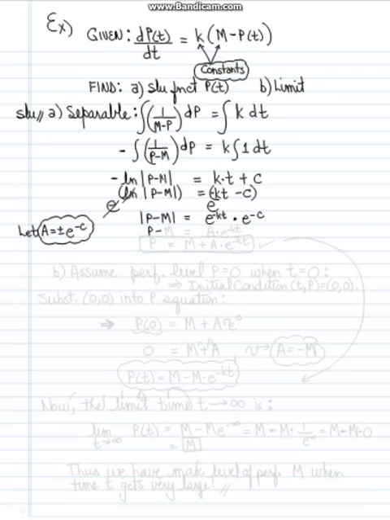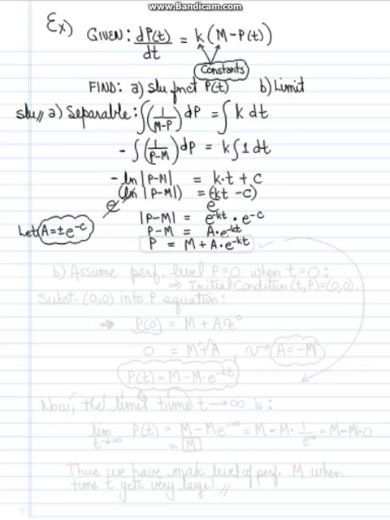So this is P minus M equals A times e to the negative k t. Now just move the M to the other side, and we got our function P equals M plus A times e to the negative k t.